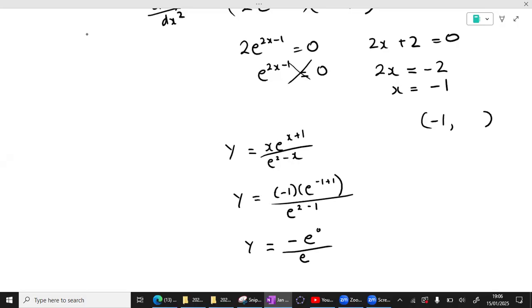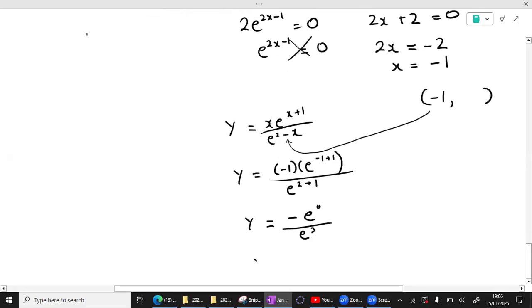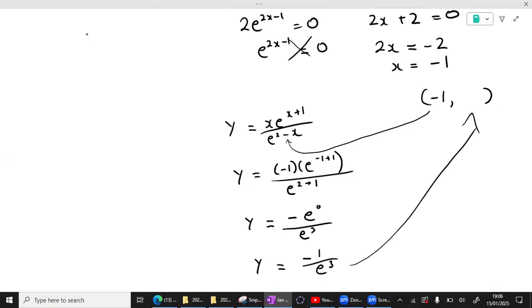Have I done that right? Hold on. e to the power of 2 minus x. Oh yeah, it's minus 1. I was thinking that didn't sound right. So that's e to the power of 3, because the minus there meets with the minus here. Anything to the power of 0 is 1. So that's -1 all over e to the power of 3. So that goes in the place of y, which is -1 over e to the power of 3.